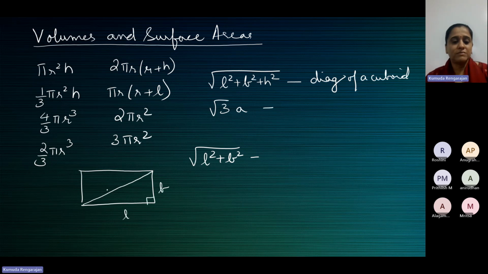Length, breadth, and by Pythagoras theorem, this is root of L square plus B square. So root of L square plus B square plus H square is the length of the diagonal of a cuboid.